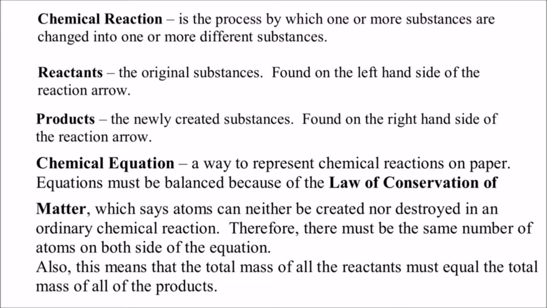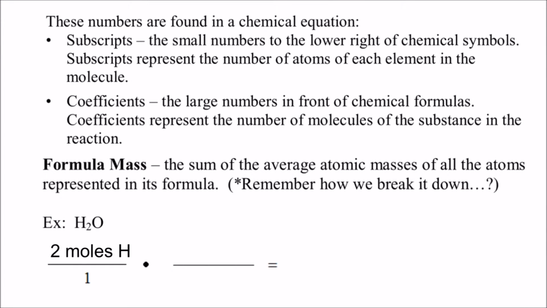So if we add up the mass of all of the reactants, it has to equal the mass of all of the products in order to obey this law of conservation of matter. Here's some more information about a chemical equation. All of the subscripts are the small numbers that are going to indicate how many of a specific element we have. And you should already know that from our nomenclature section.